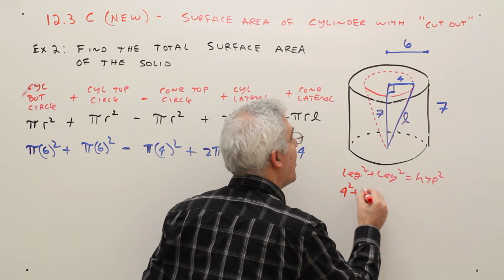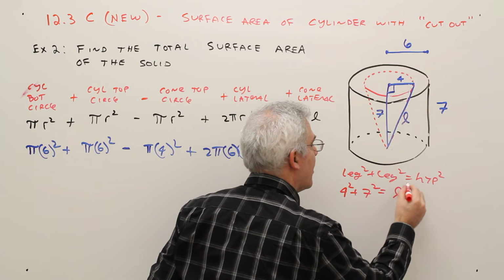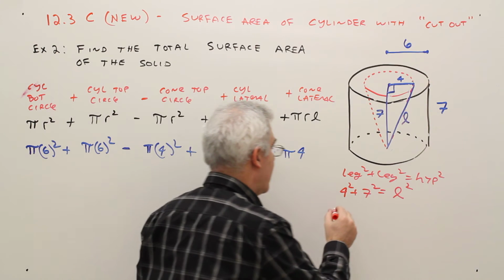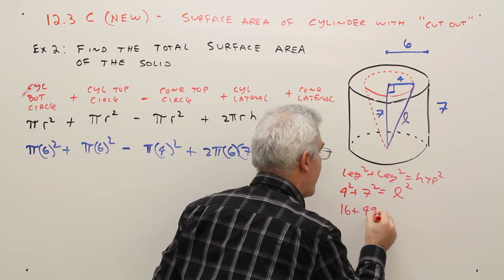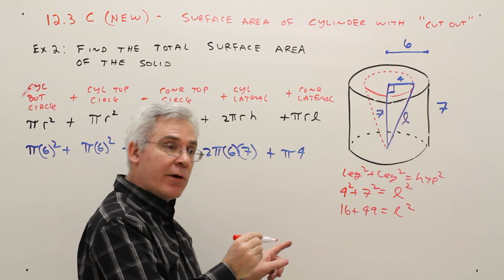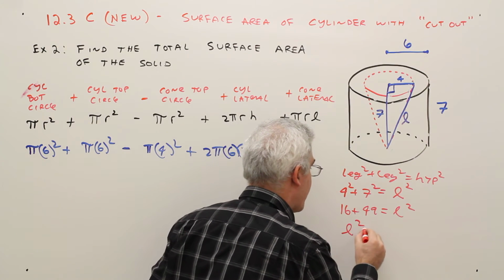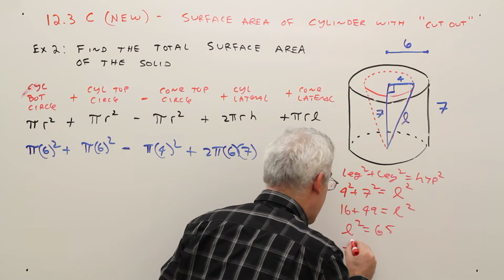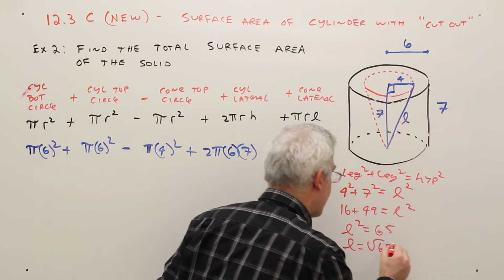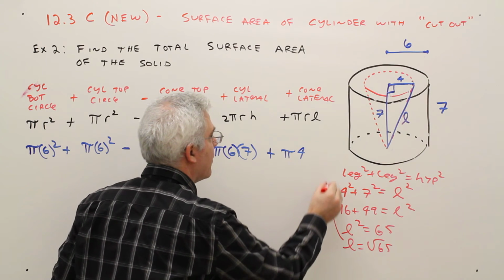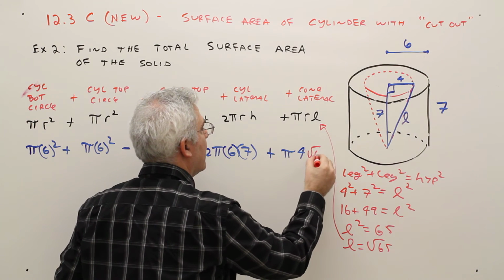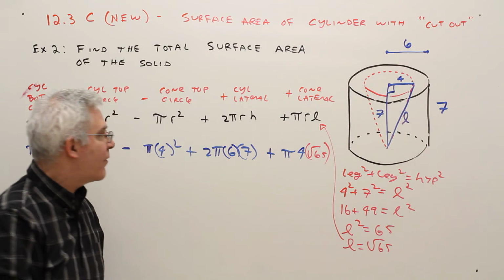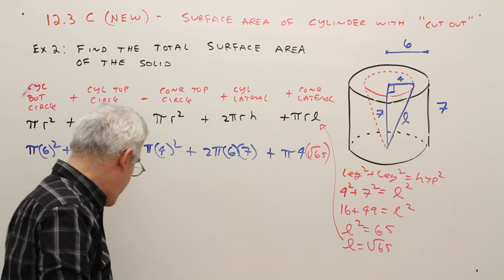So 4 squared plus 7 squared equals L squared. 16 plus 49 equals L squared. L squared equals 65. Take the square root of each side. L equals the square root of 65. So that's the one number I had to kind of work for.